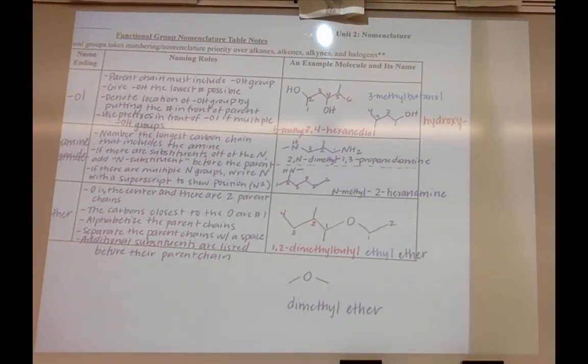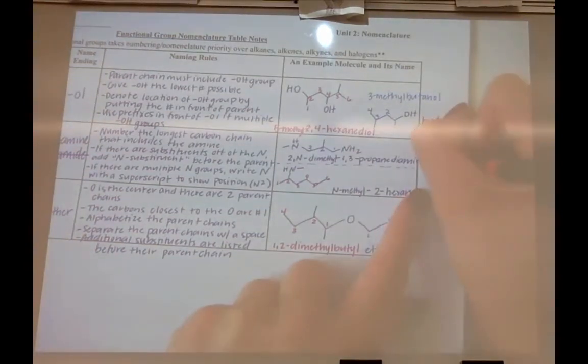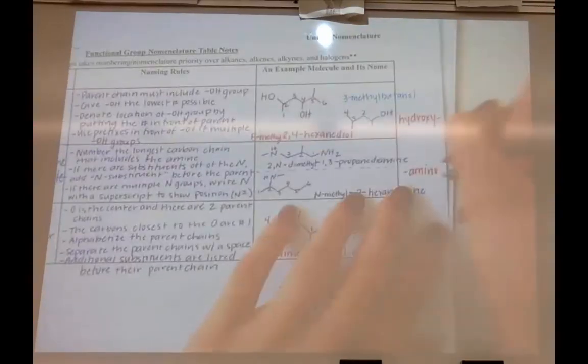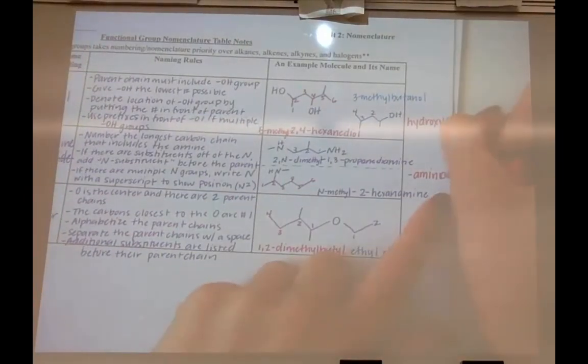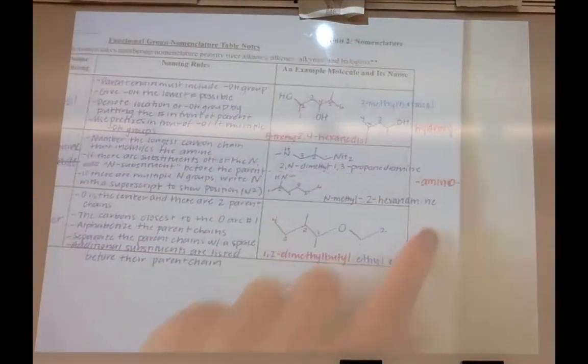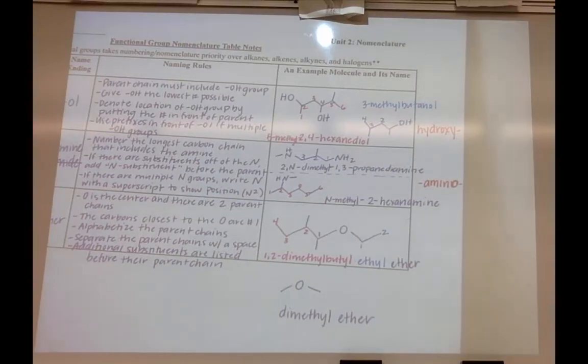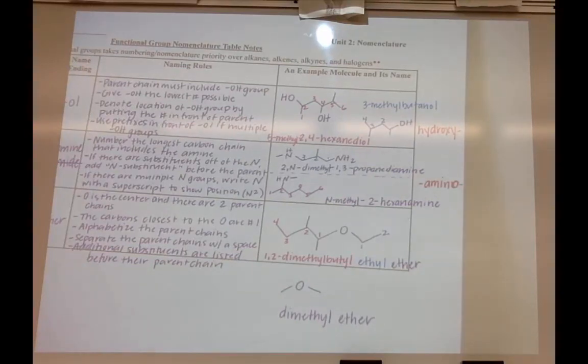And then amine might be the most common one that we see as a substituent. We talked about this a little bit in AP. It's actually amino. So you might have something like 4-amino-6-chlorononane. An amino is when you have an amine that's a substituent.